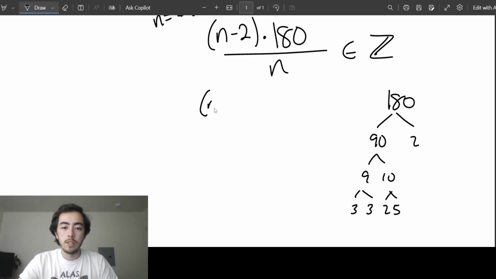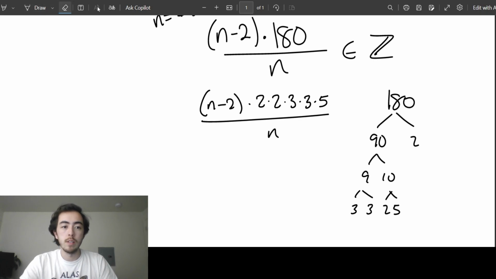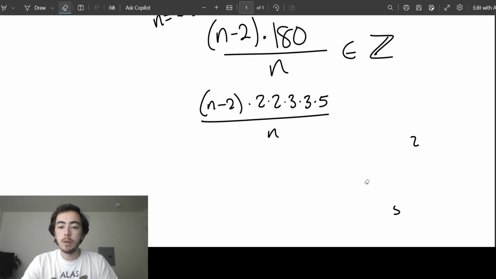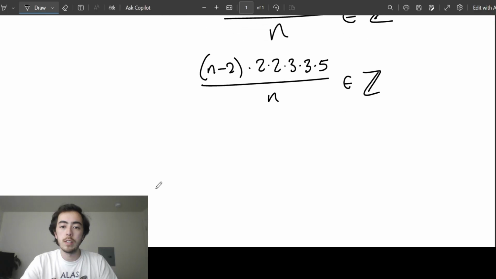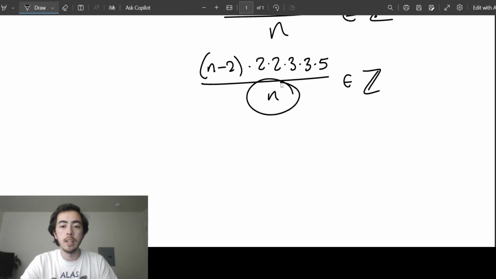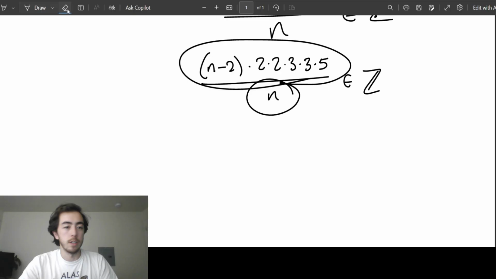So we can take a look at this fraction and think of it as n minus 2 times 2 times 2 times 3 times 3 times 5. Then we're dividing this by n still. So I want to know when this fraction is an integer, and essentially we just need to be able to cancel this n with one of these factors up top.